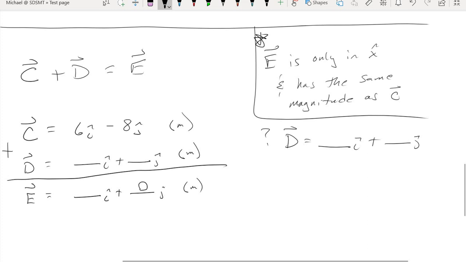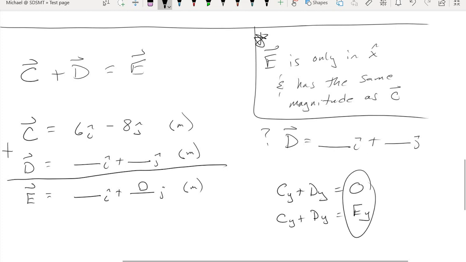If that is the case, then whatever the y component of vector D is, it has to combine with the y component of vector C to produce that 0 for vector E.